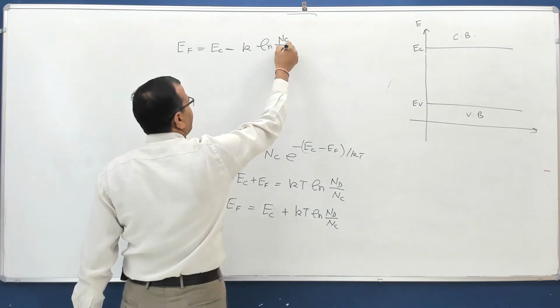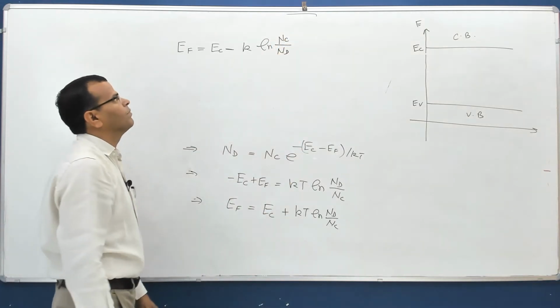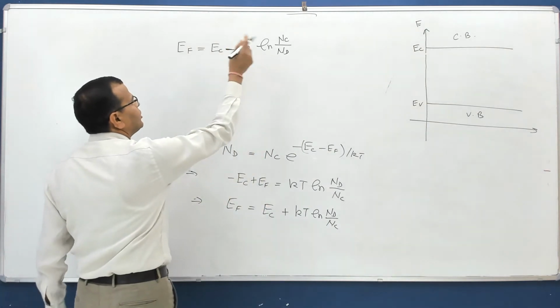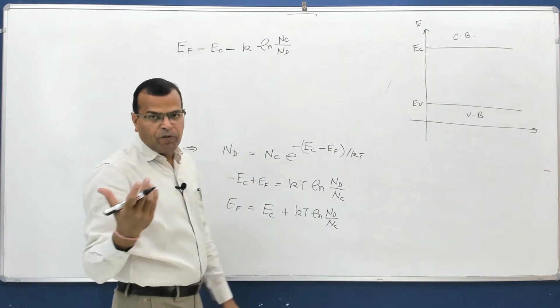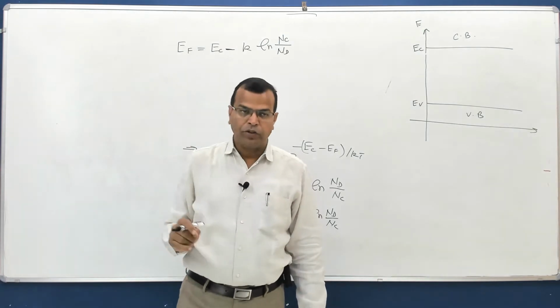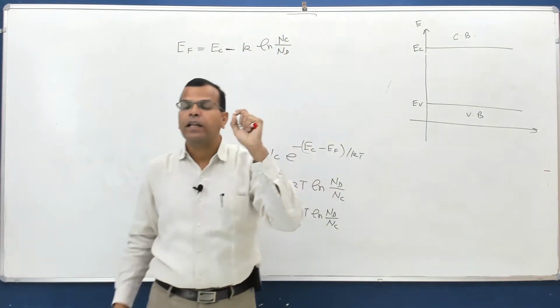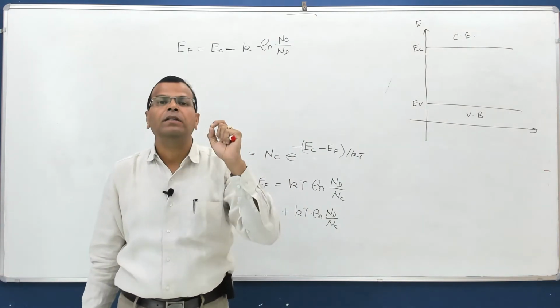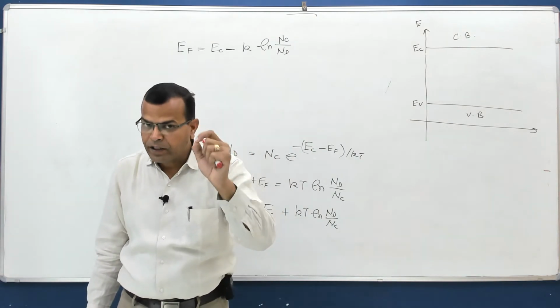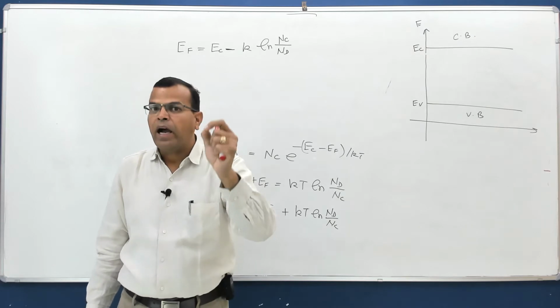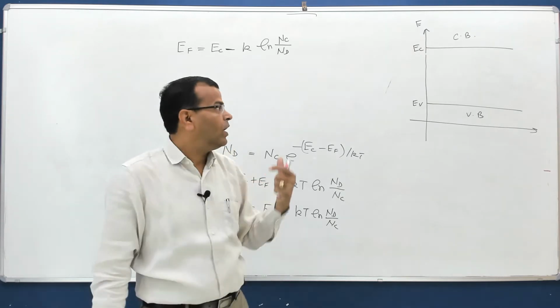Remember, the donor concentration is a variable quantity, you can control the concentration, but this Nc, that is density of states in conduction band, is function of effective mass of electron and temperature. This is what you have seen.